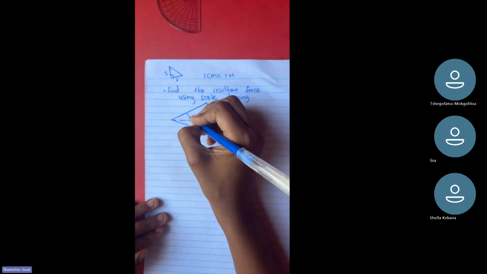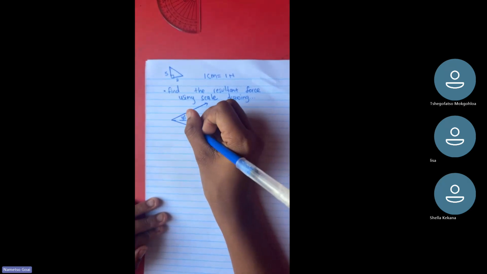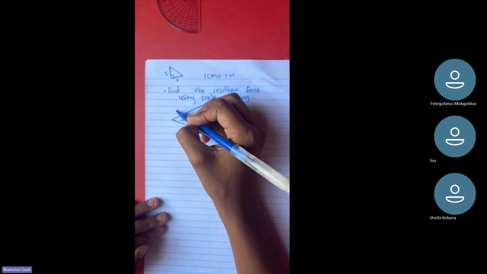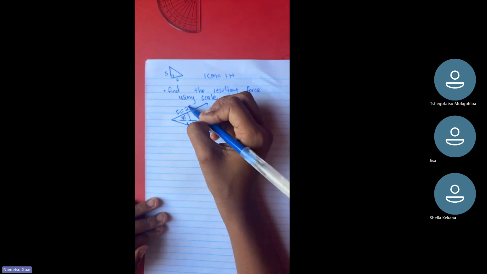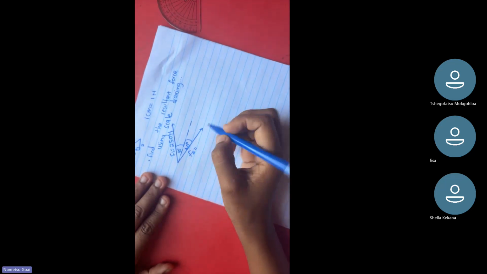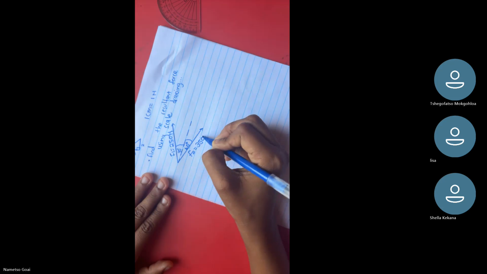Okay. We have 30 over here, and then we have 40 over here, right? This is F1, which is equal to 250 Newton, and we have F2, which is equal to 350 Newton.